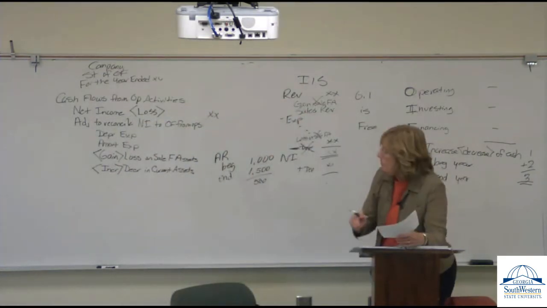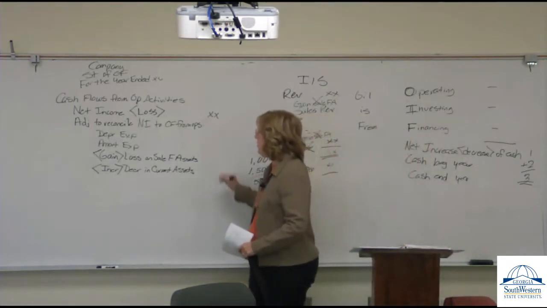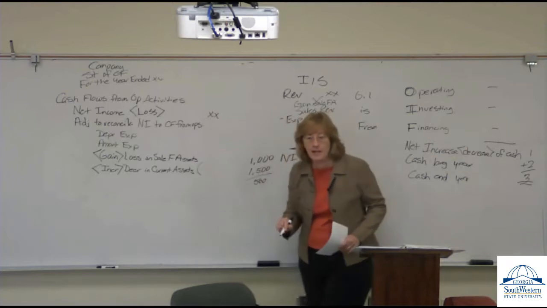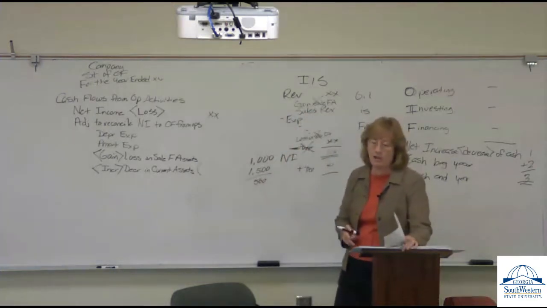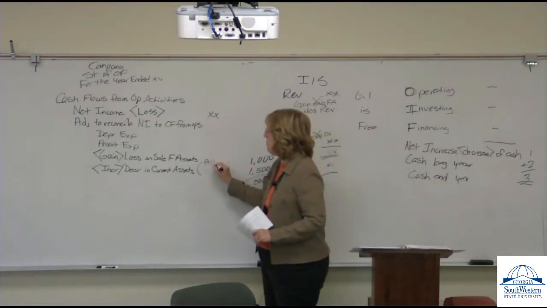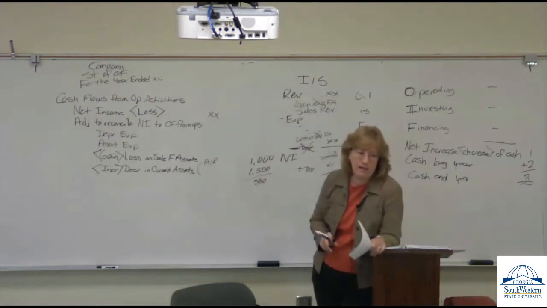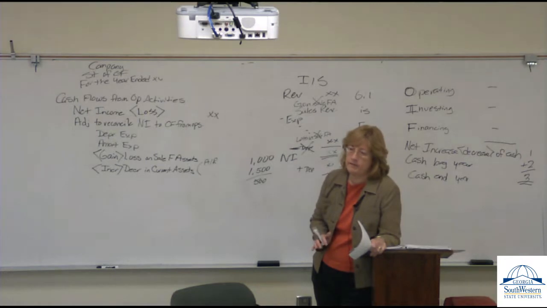Okay, so what do we mean by current assets? Let's get this straight. If we had to list out the current assets that we're talking about here, what kind of current assets are we talking about? We're really talking about accounts receivable. So we studied current assets at the beginning of the chapter, right? What else do we have?